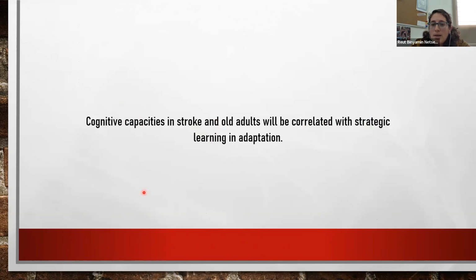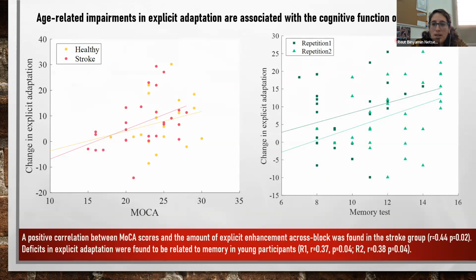So our last hypothesis was that cognitive capacities in stroke and older adults will be correlated with explicit learning in adaptation. As you can see here, this is the change in explicit adaptation, and the x-axis is the cognitive scores the participants got.